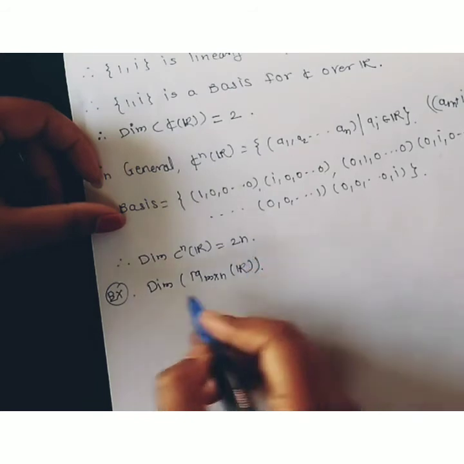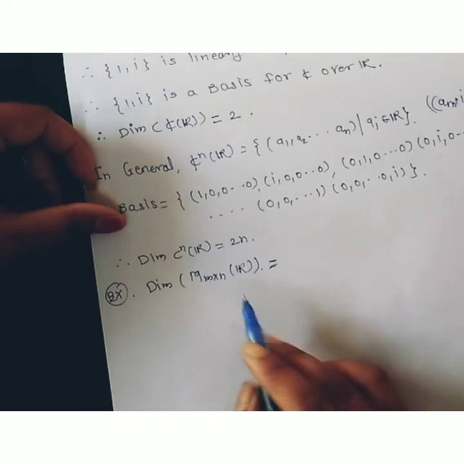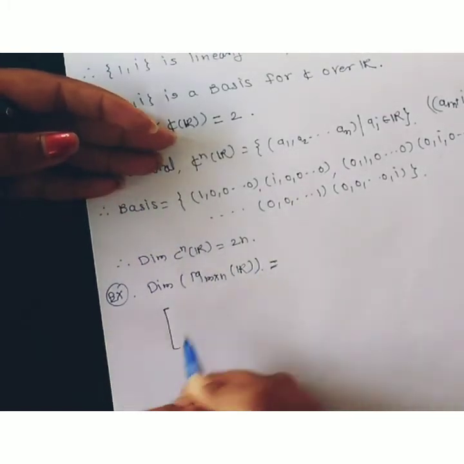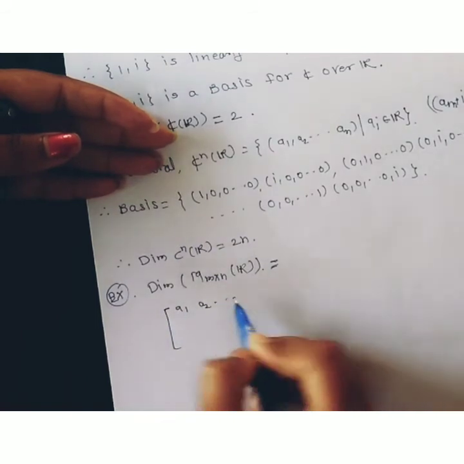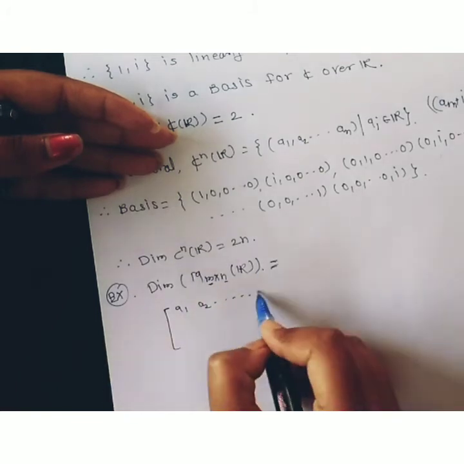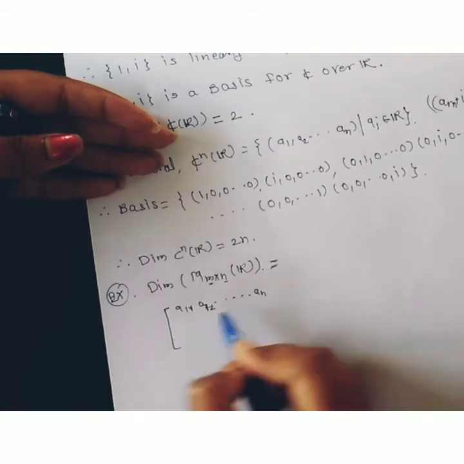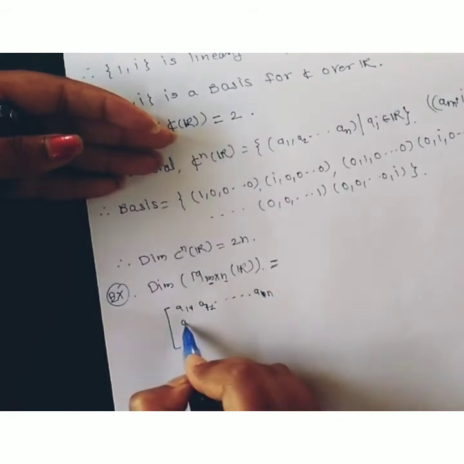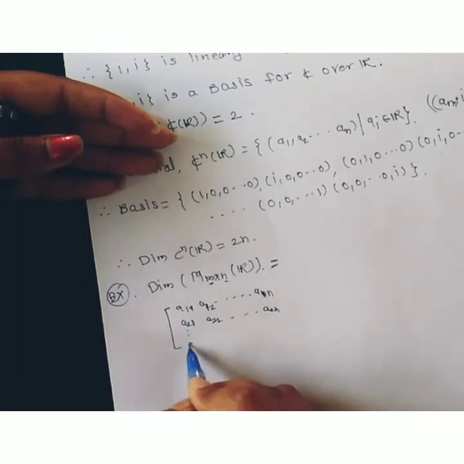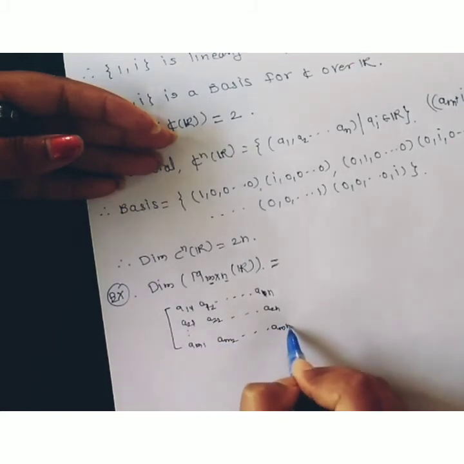We know that in m cross n matrices, we count the number of entries. A matrix of this form has m rows and n columns: suppose the first row is a11, a12, up to a1n, then a21, a22, up to a2n, and so on, and the last row is am1, am2, up to amn.